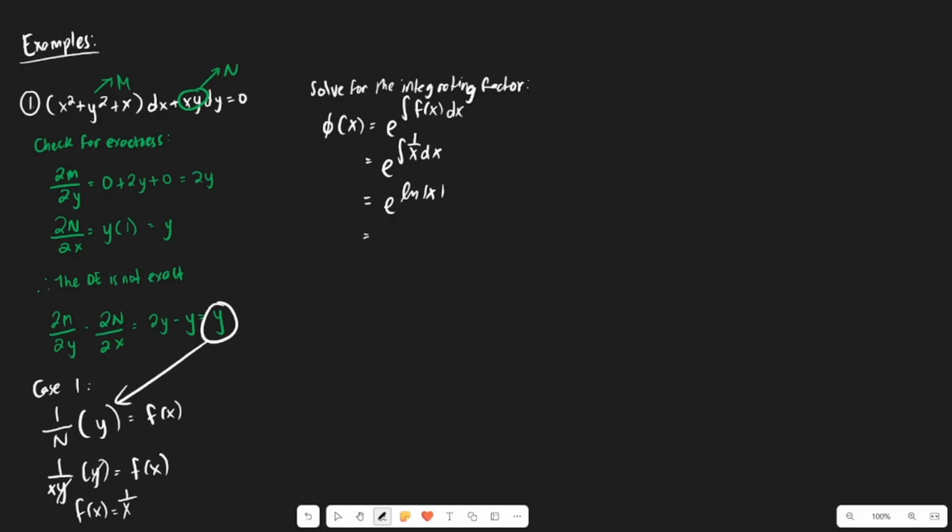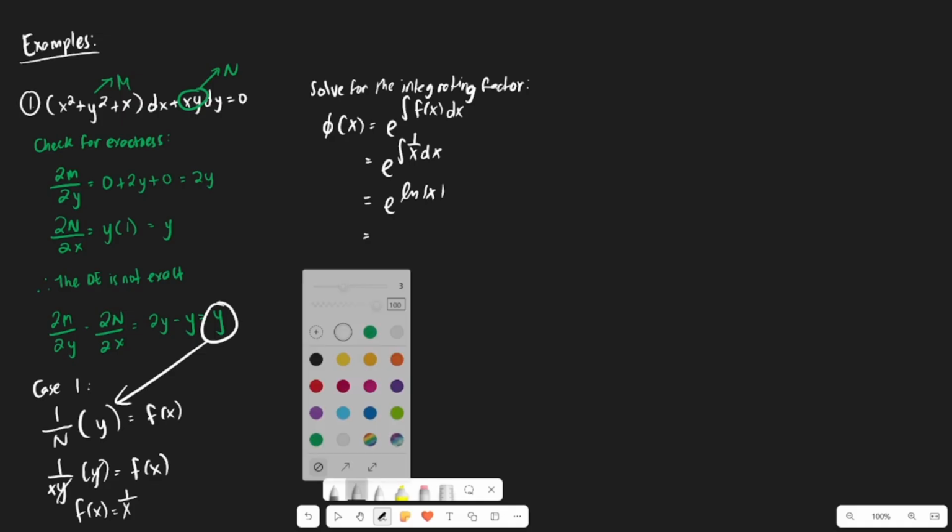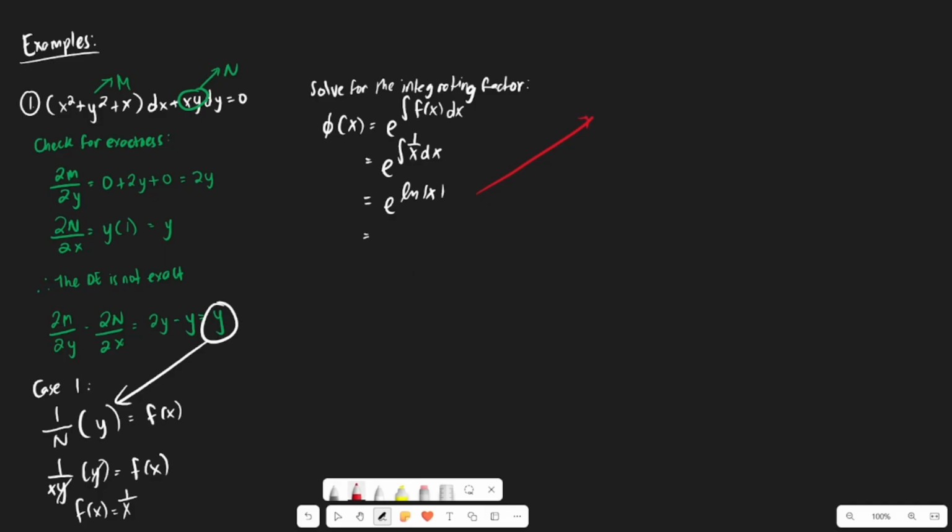So e raised to ln x, basically, if we can remember, we have a property for exponentials and logarithms where, if we have something like e raised to ln of any expression r, then we can bring down the r, and e raised to ln is now removed.